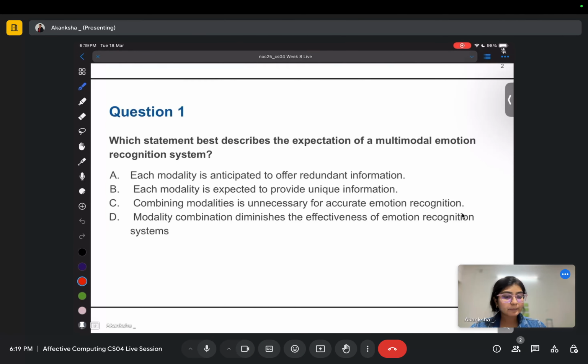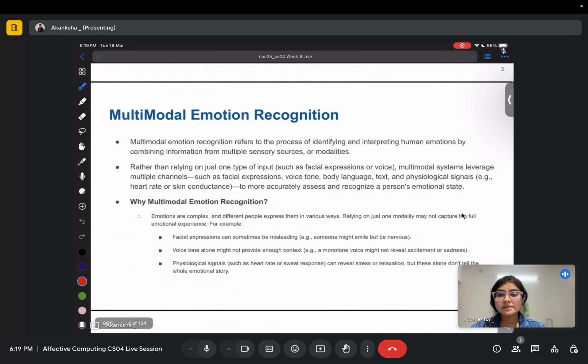So, what exactly is multimodal emotion recognition? It refers to the process of identifying and interpreting human emotions by combining information from multiple sensory sources or modalities. Rather than relying on just one kind of data, let's say only facial expressions, we want to combine information from multiple sources, such as facial expressions, voice, and maybe physiological signals, let's say EEG.